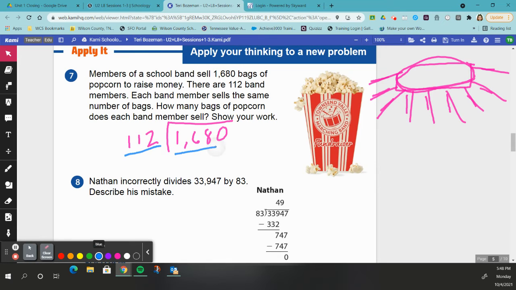So if we look at the first 3 place values, we've got 168. So we've got 112 being divided into 168. Well, if I just did that one time, then that would be minus 112.